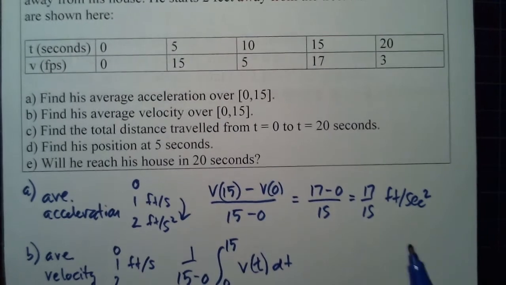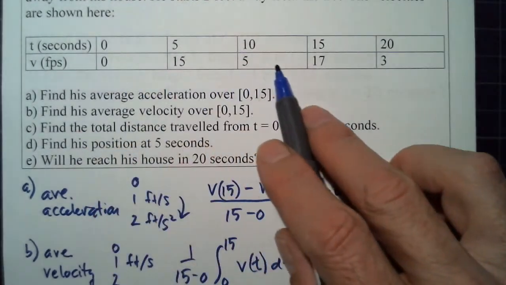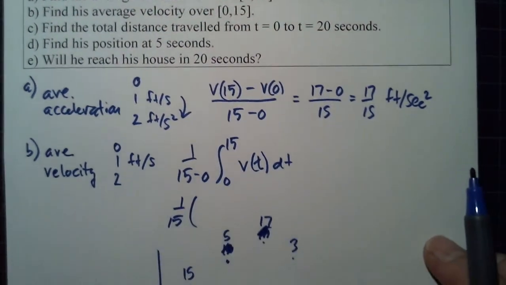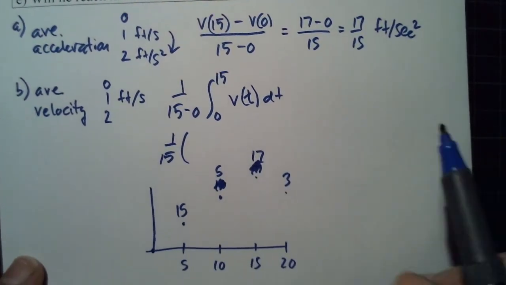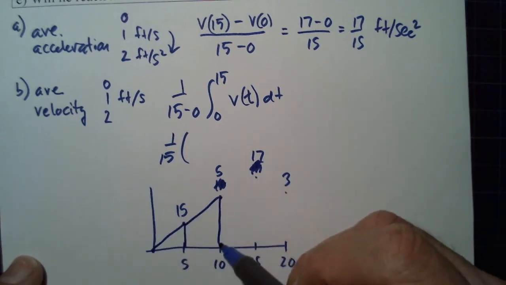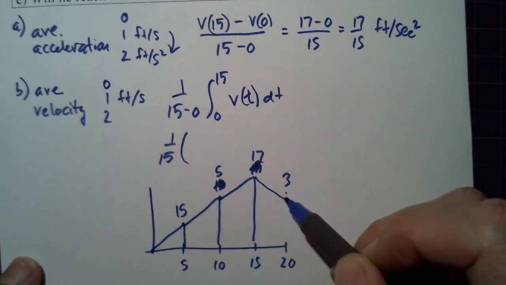Alright, so we need the velocity values, and I was reading the time values. So the graph is not to scale, but it won't matter. We have these values. We're going to draw trapezoids.